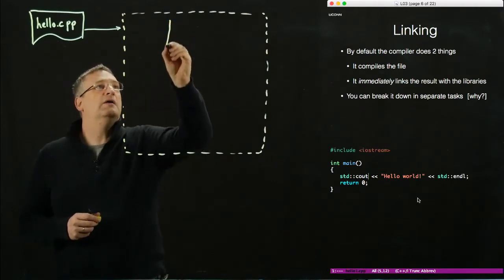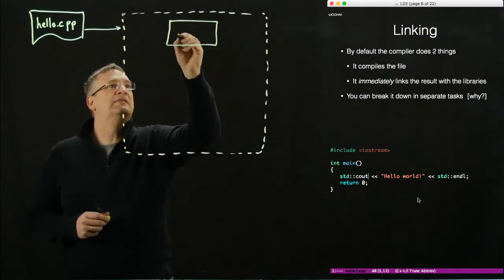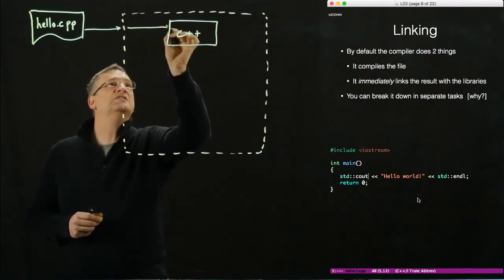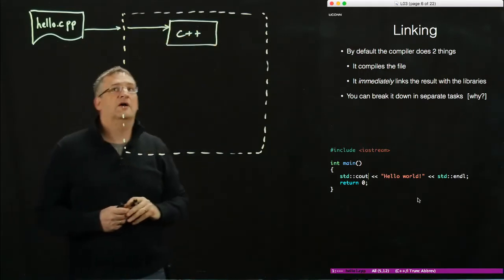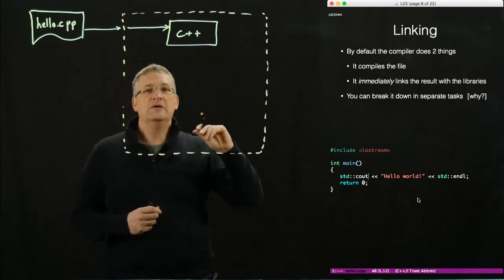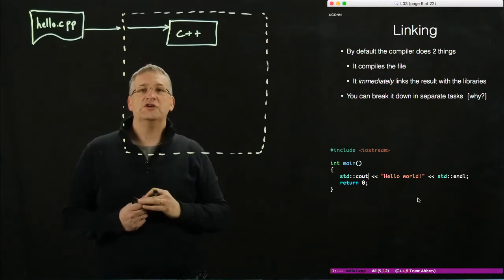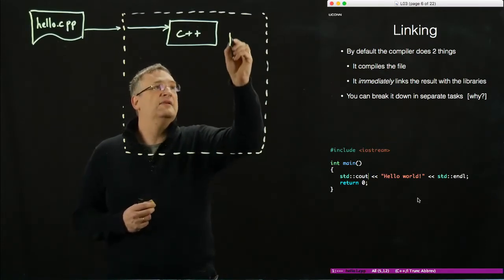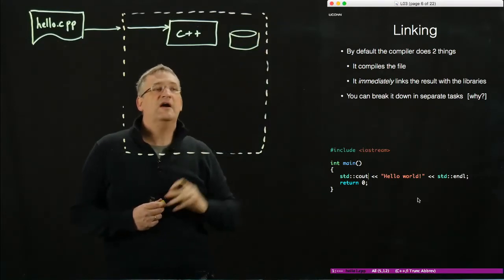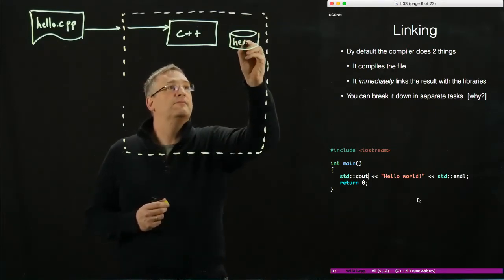There is a compiler, and that's really c++. And the file is being sent straight into that. Now, that's not the only thing that goes there. There is also, coming from a collection of libraries, and that's why I'm going to use a little database symbol to represent it, the header files.